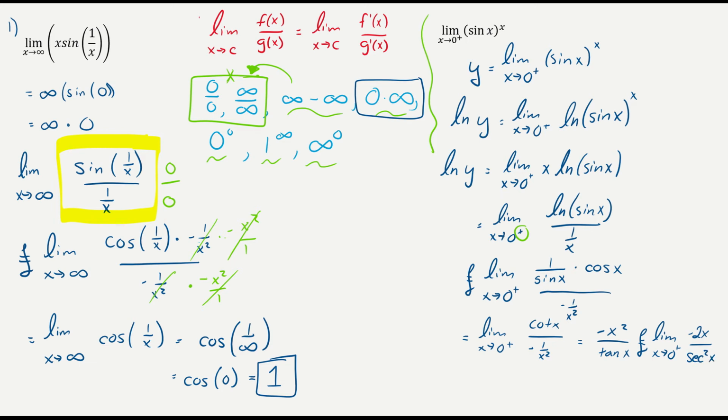Okay, so now can we do direct substitution? Well, this is then going to equal 0 divided by secant squared of 0. Well, secant squared x is equal to 1 over cosine squared x. So this is 1 over cosine squared of 0, which is equal to 1 over 1. So we get 1. And 0 divided by 1 is 0.